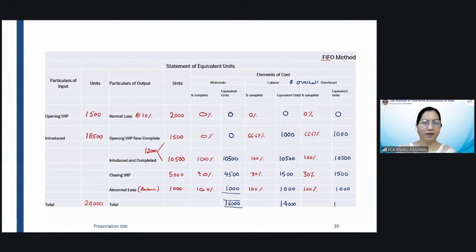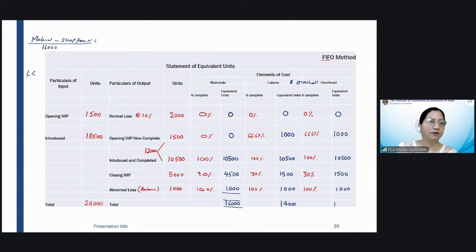But then remember that when you are taking the cost of material, you will have minus scrap realized from normal loss. This will be divided by 16,000 units, equivalent units of material.